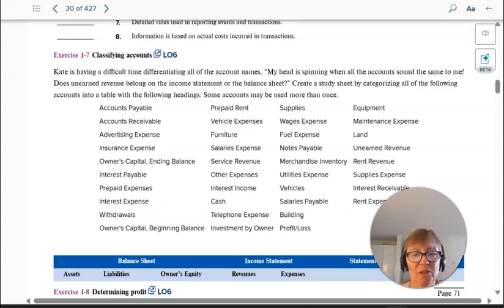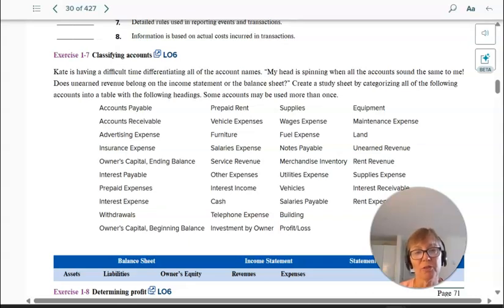What I'm going to do is, as you can see in the question, it has a chart that it wants you to fill in. It wants you to fill in whether it's a balance sheet item, income statement, or statement of changes in equity. And if it falls under that category of statement, what part of that statement does it go in? Does it go in under assets, liabilities, owner's equity, revenue, expenses, and so on?